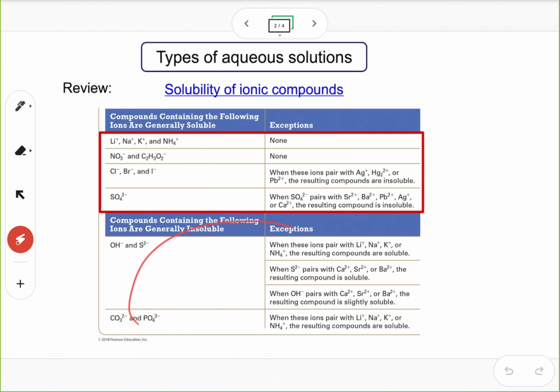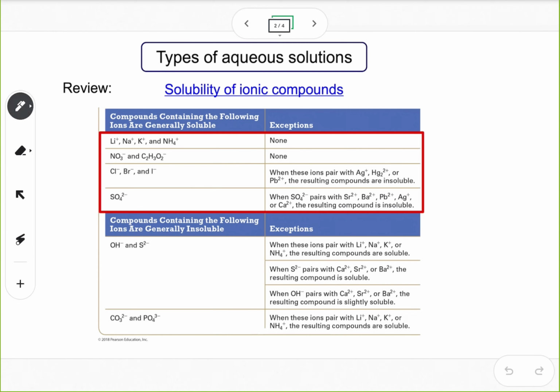The bottom part is about insoluble ionic compounds with exceptions. As I suggested before, you can just remember the top part of this table. In other words, if you remember those soluble salts with their exceptions, then anything outside this top part will be insoluble.